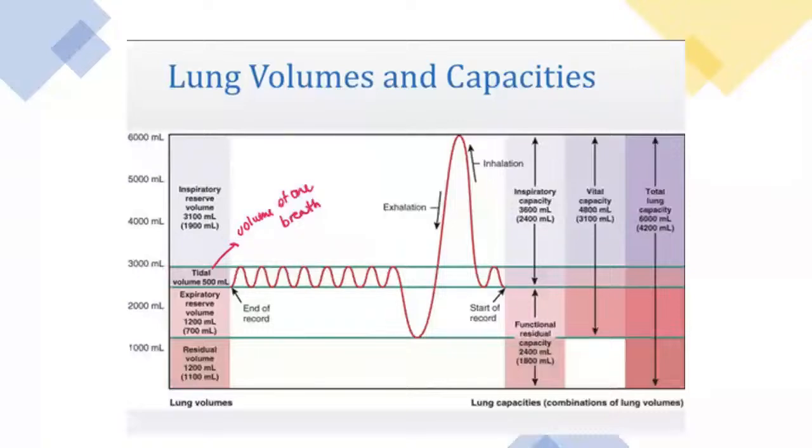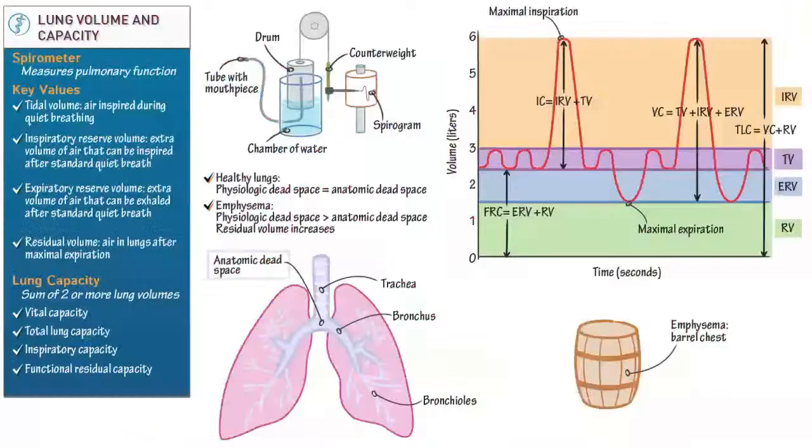This is important in COPD because your lung volumes change. Lung volumes are measured by spirometry. Literally, it's as simple as breathing into a tube of water, and it records as it turns. Lung capacity is a sum of two or more lung volumes: vital capacity, total lung capacity, inspiratory capacity, and functional residual capacity.